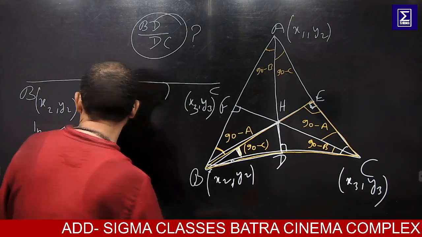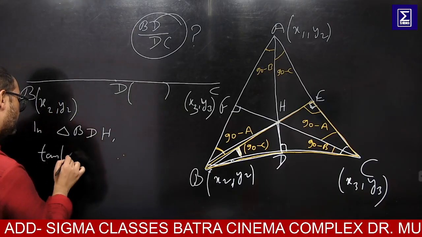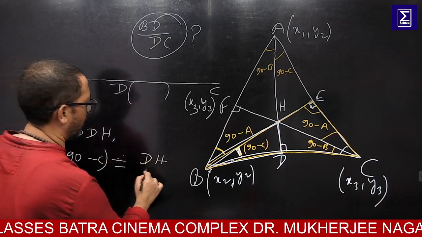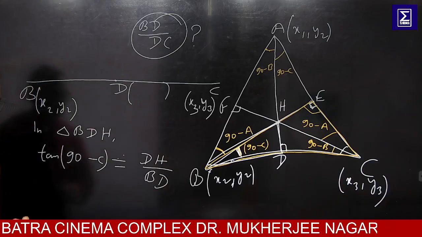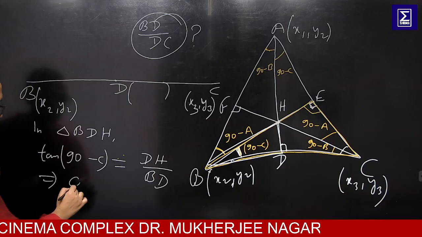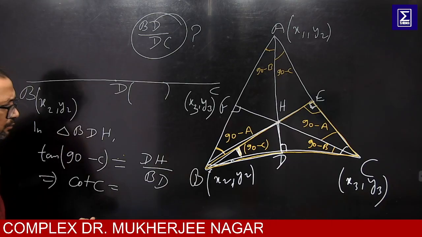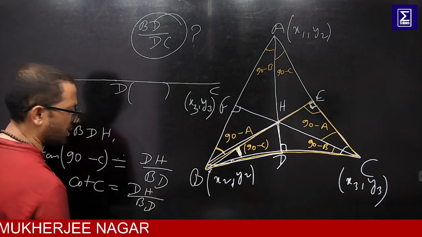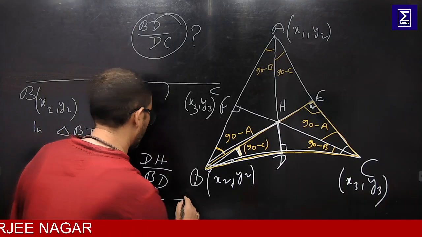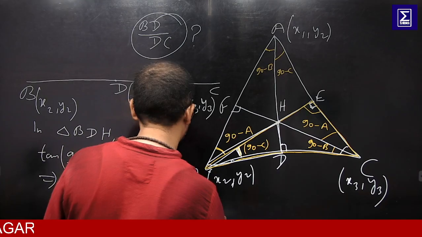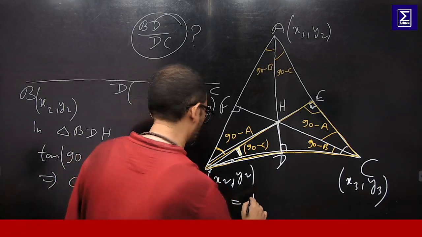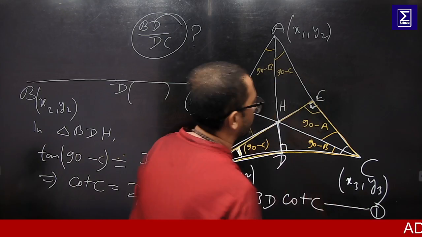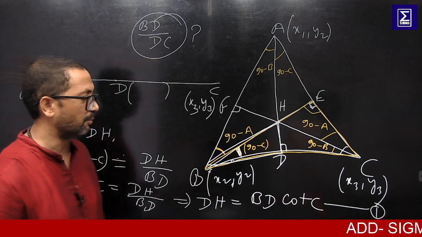Tan of (90 minus C) is equal to DH upon BD, yes or no? What is tan of (90 minus theta)? Cot. So cot C is equal to DH upon BD. By cross multiplication, DH is equal to BD times cot C. This is equation first.